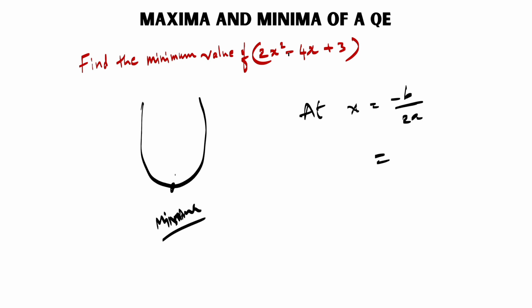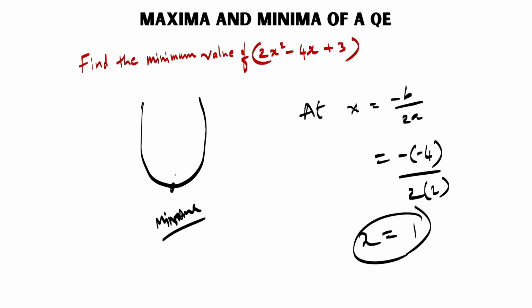And here what is b? B is the coefficient of x. So b is minus 4, minus of minus 4, and 2 is the coefficient of a. So 2 into 2, this will be equal to 1. At x is equal to 1 we will get the minimum value. But what is the minimum value? Just substitute x in this equation.